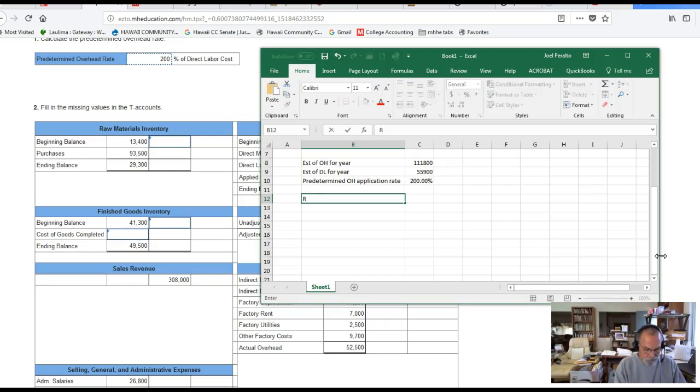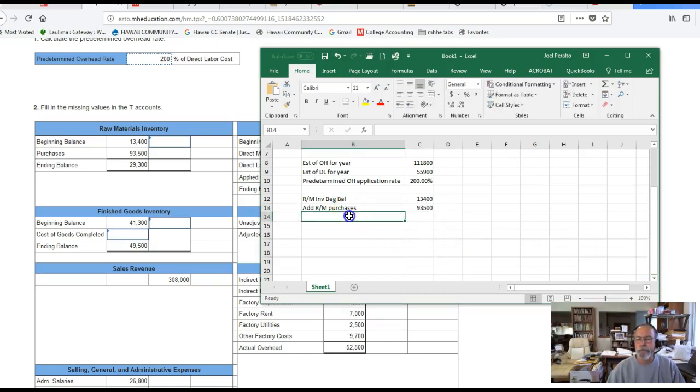So let's see, this is raw materials inventory beginning balance and that's 13.4, and then we are adding raw materials purchases, and that's 93.5.